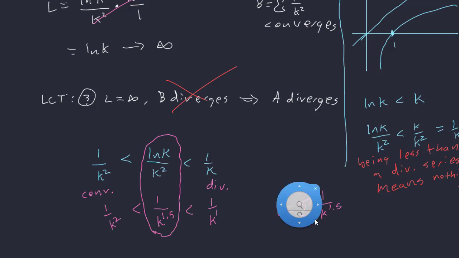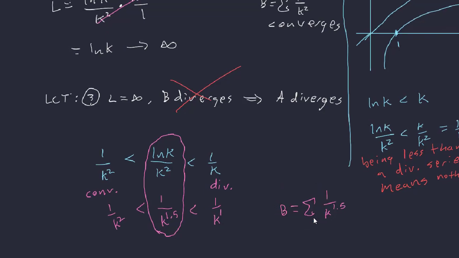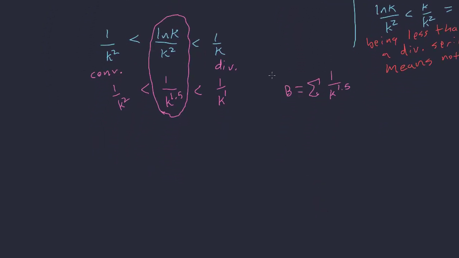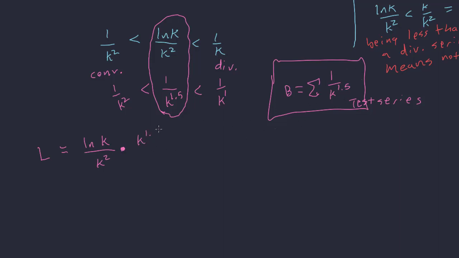All right, so let's actually try that. Let's find L with this test series. Our L will be our A terms, ln k over k squared, times the reciprocal of our B terms, so k to the 1.5 over 1.